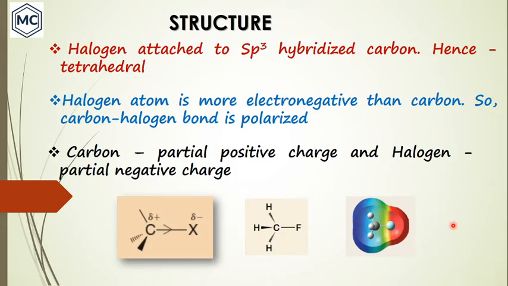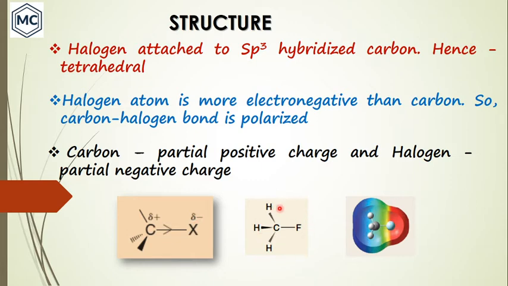Coming to the structure, halogen is attached to an sp3 hybridized carbon atom, hence the structure is tetrahedral. And the halogen atom is more electronegative than carbon. So the carbon-halogen bond is polarized. Carbon gets a partial positive charge and halogen gets a partial negative charge because it is more electronegative.